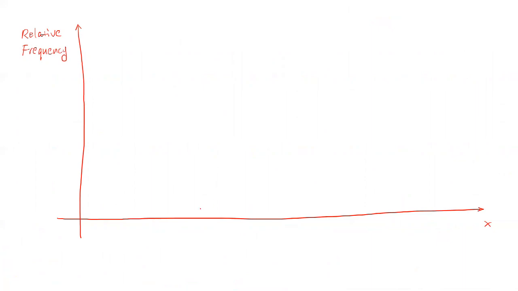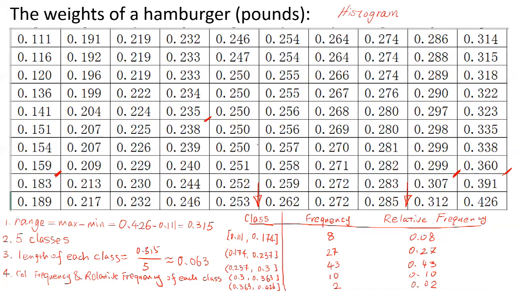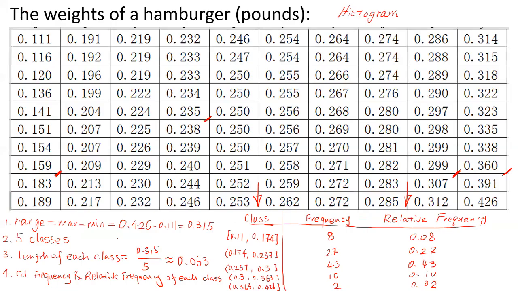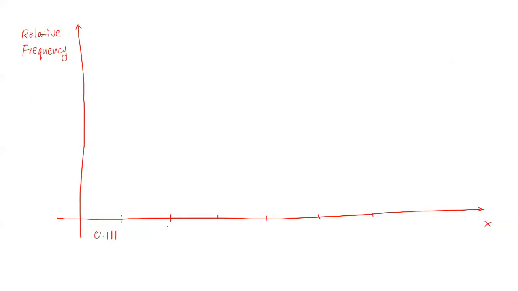Next, how many classes are there? 5, right? 1, 2, 3, 4, 5. The first class is 0.111 to 0.174.